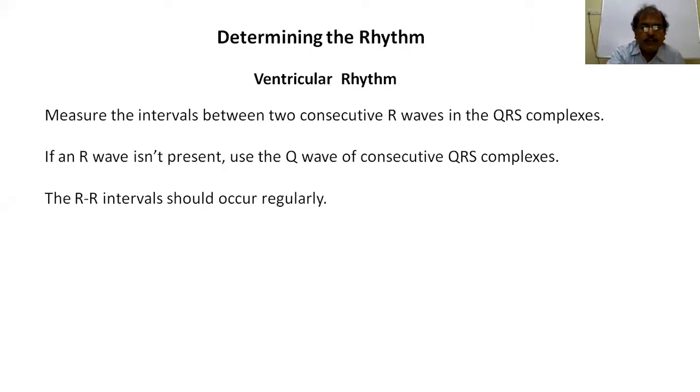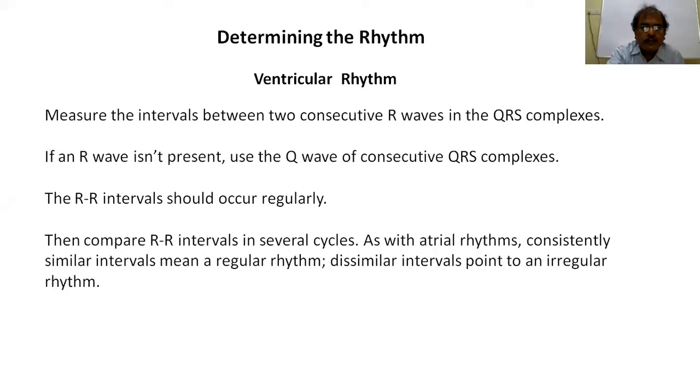The RR interval should occur regularly in a regular rhythm. Then compare RR intervals in several cycles. As with atrial rhythm, consistently similar intervals indicate a regular rhythm and dissimilar intervals point to an irregular rhythm. So if the heart rhythm is regular, you will find the interval is the same in several cycles.